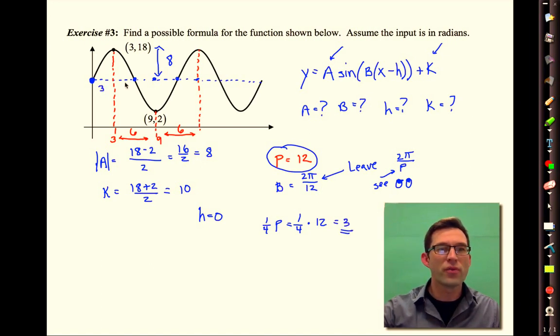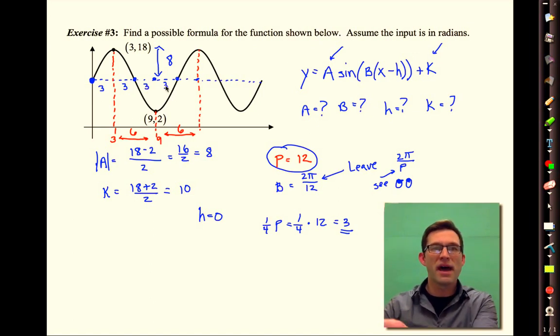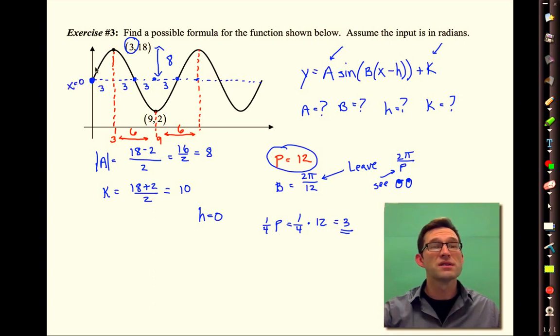So every 3 units along the x-axis, we go from a min to the midline, from the midline to the max, from the max back down to the midline. So because I know that this x-coordinate is 3, I know I'm at the midline when I have an x-coordinate of 0. Because this starts from the midline, I know that I can consider h 0.